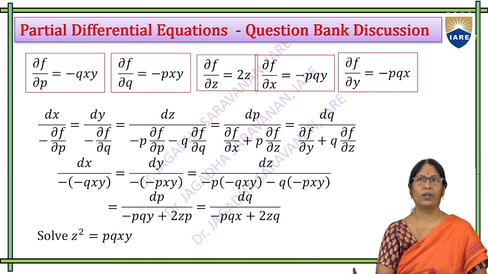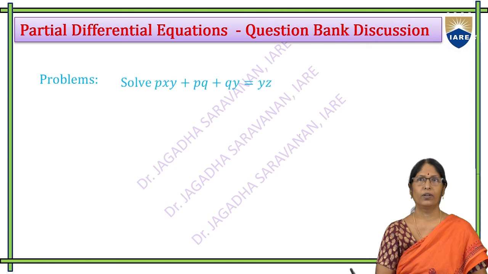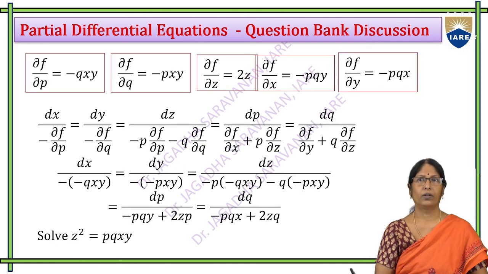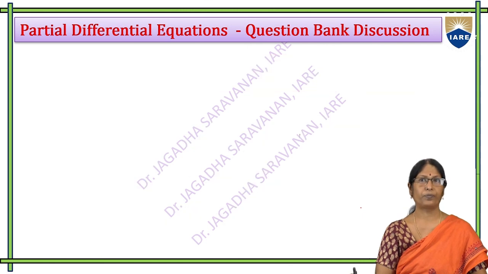Once substitution is over, we can take any member and do any simplifications or multiplications, up and down, and we have to get the values of p and q, and we will reach the final solution.